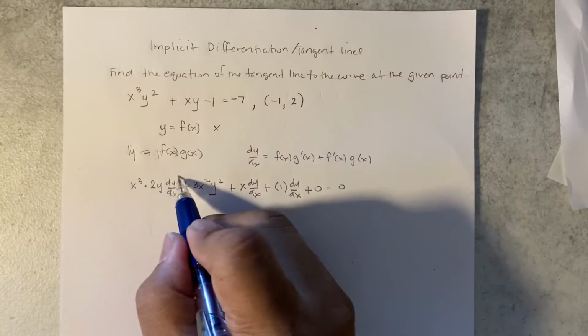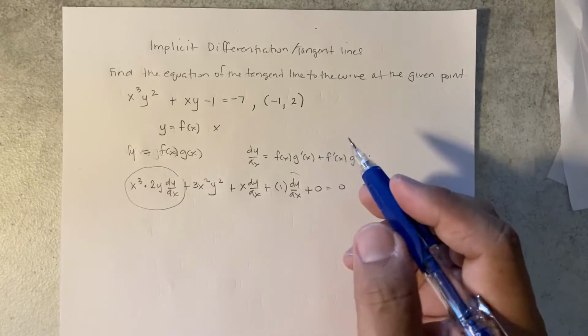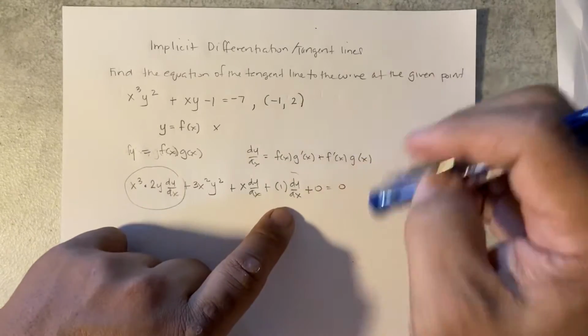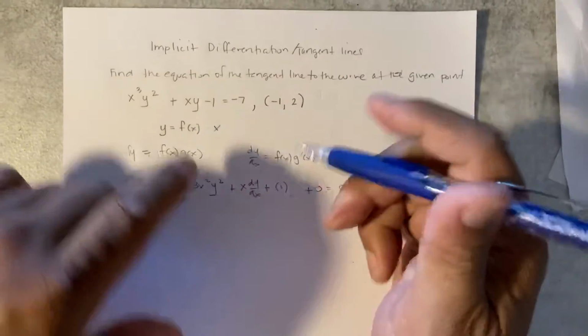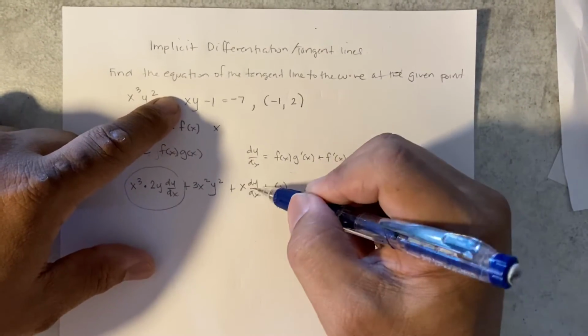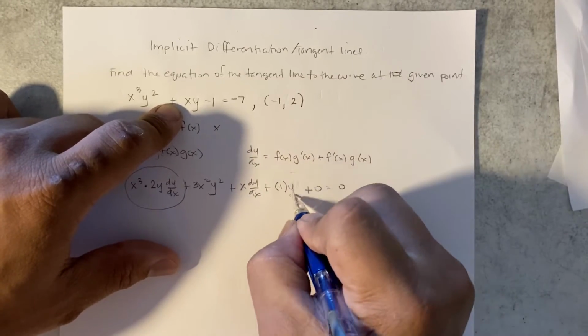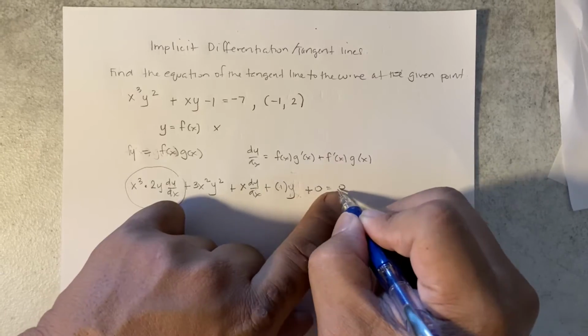Okay? I'm going to combine the dy dx's. This one here should be y. Sorry. So we have the first times the derivative of the second plus the derivative of the first times the second, plus the derivative of a constant.